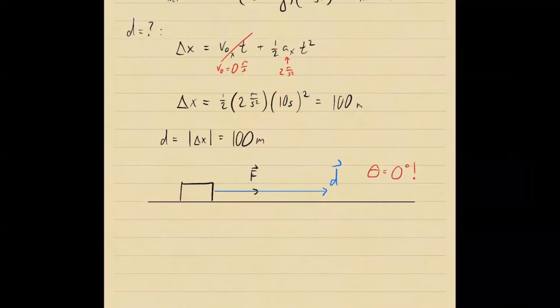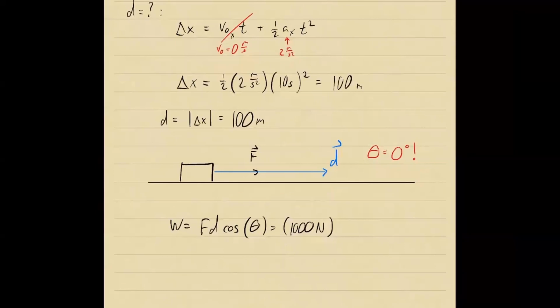So the work done by the car's engine in accelerating this car is F d cosine theta, where F is 1,000 newtons net force, the displacement was 100 meters, and we have the cosine of our angle, which is 0 degrees.